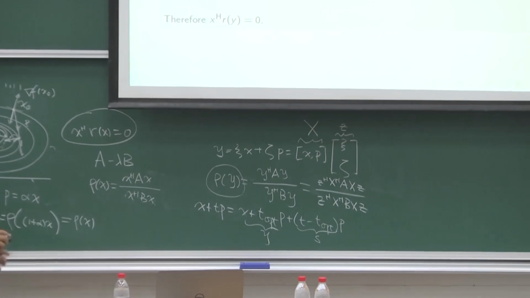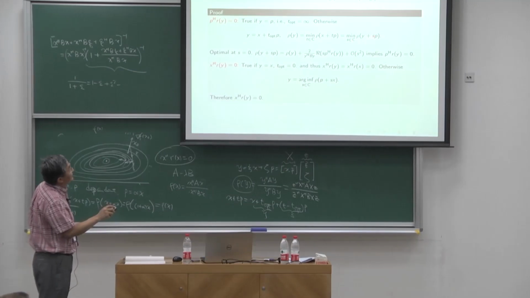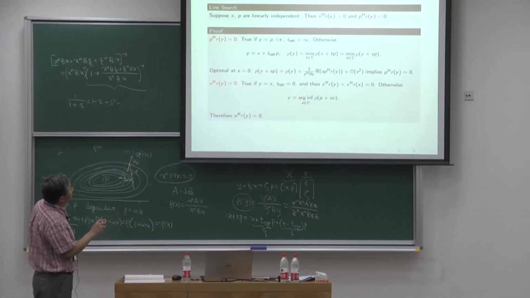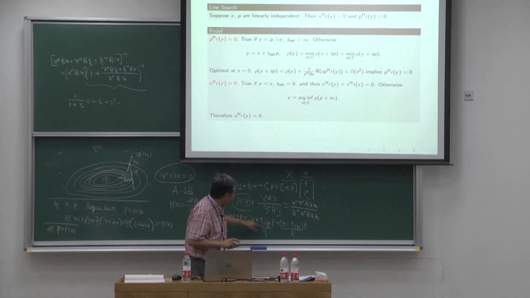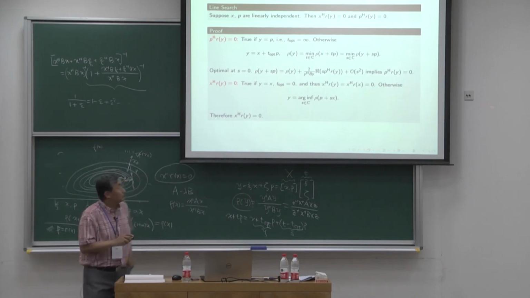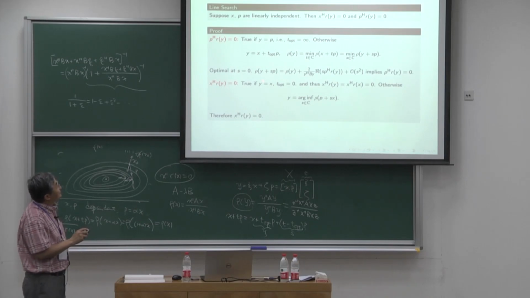So it can be written as the minimum of rho y plus sp over s in C, and this is optimal at s equal to 0, right? Because this is the optimal eigenvalue. In the whole thing, y plus sp is going to be optimal when s equals 0. So you look at s tiny, rho of y plus sp, with linear expansion as we talked about, becomes rho y plus 2 over y transpose by times the real part of this inner product.